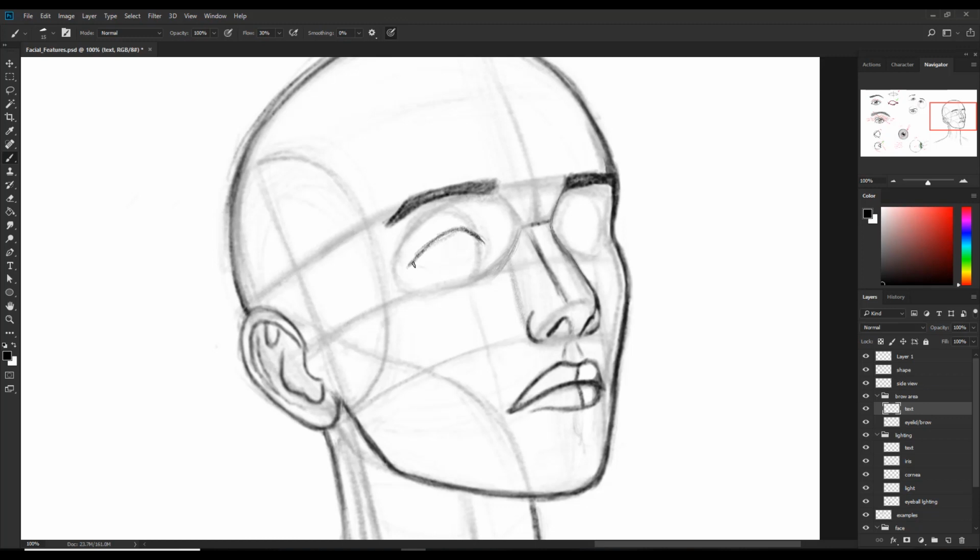And then on the lower lid, a short curve to a long curve. We'll add the fold of our eye. Apply what we learned about lighting the eye.